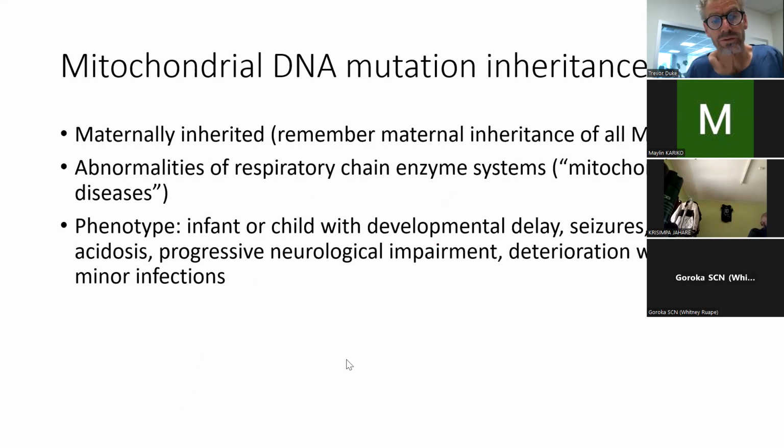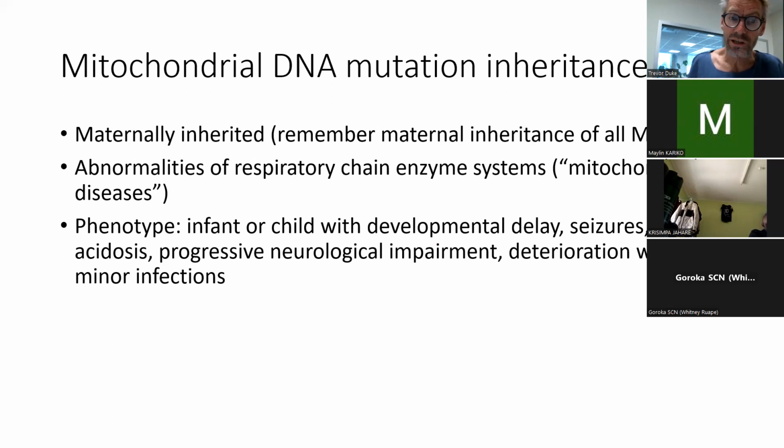I talked briefly about mitochondrial DNA and how mutations later in life can lead to certain diseases like chronic cardiac disease or dementia, but there are also some genetic mutations in mitochondrial DNA that can lead to some conditions of infancy. Because they relate to energy production in cells, usually children have quite severe and progressive developmental delay.